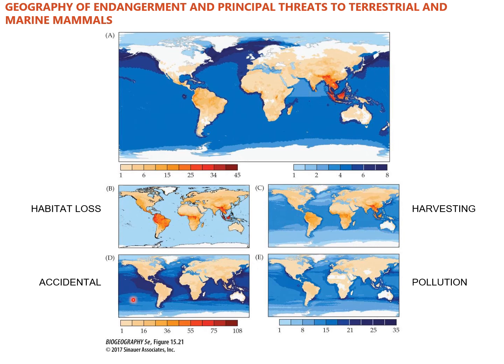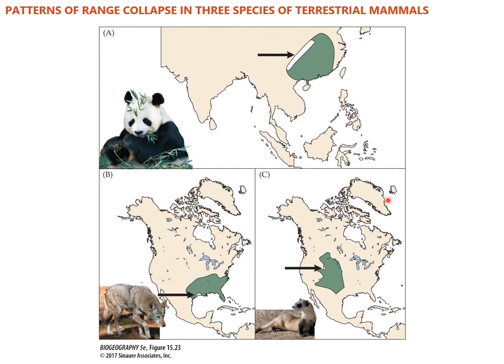There's also accidental, species that go extinct as a byproduct of human activities, which is a factor in marine environments. And then pollution as well in certain areas of marine, especially coastal areas. So lots of different reasons contribute to these nuanced geographical patterns of species endangerment and extinctions.